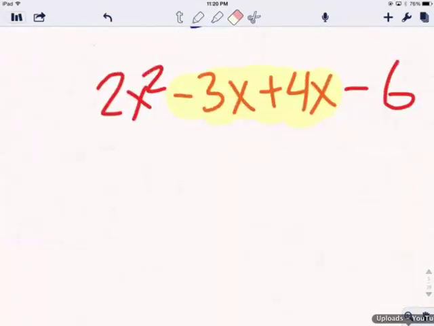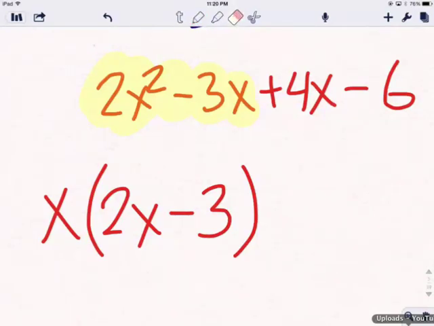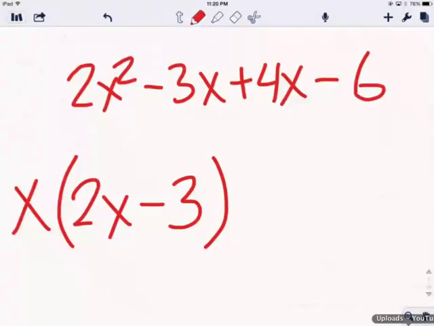Okay, so now let's continue with this. Let's focus on just the first two terms. We want to identify the GCF, the greatest common factor of the first two terms. The greatest common factor is just an x. So we're going to factor that out. Leaves us with 2x minus 3 inside of parentheses. Good. Now let's focus on the last two terms, 4x minus 6. What's the GCF? Positive 2.